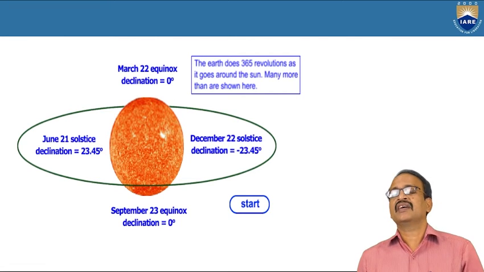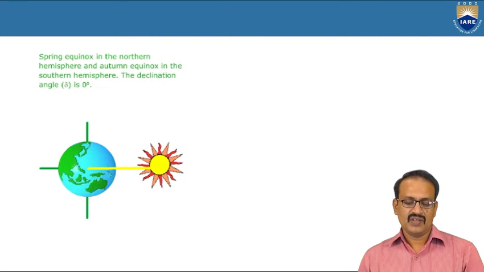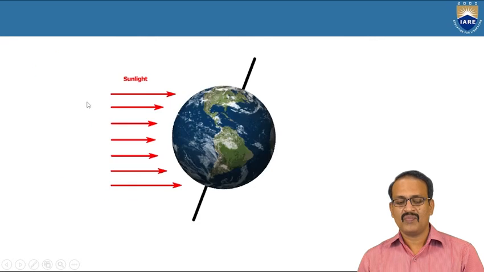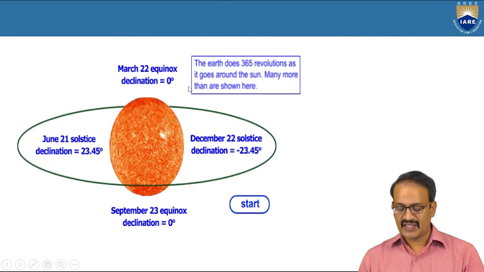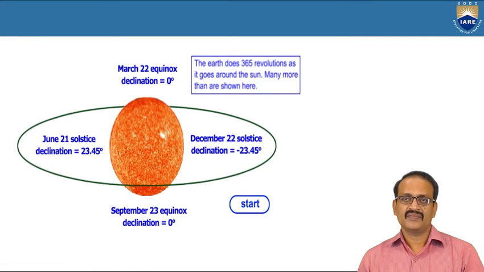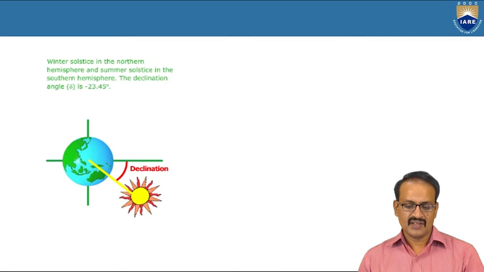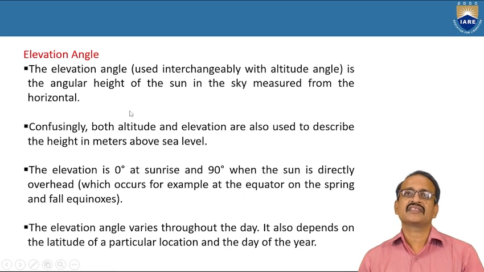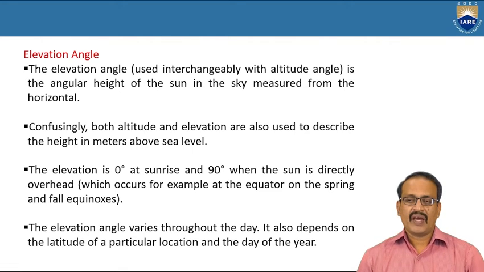Here we will get full light at the North Pole. Similarly, there is an equinox on March 22nd and again an equinox on September 23rd, and again declination of minus 23.45. Like that it is going to happen.